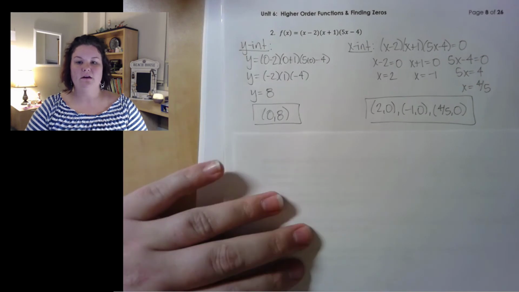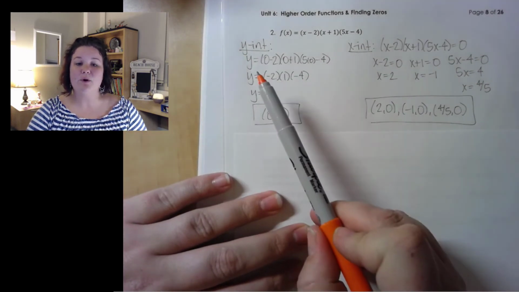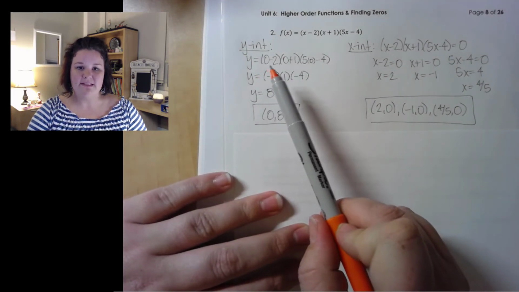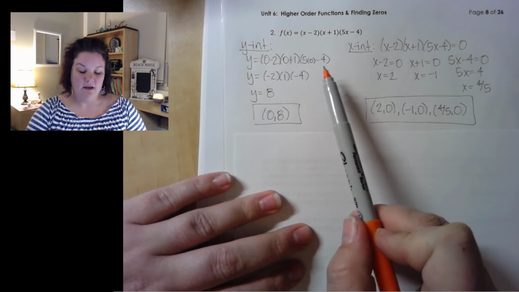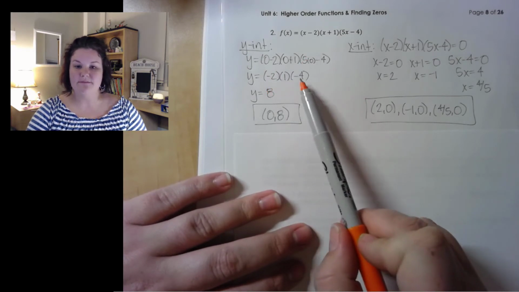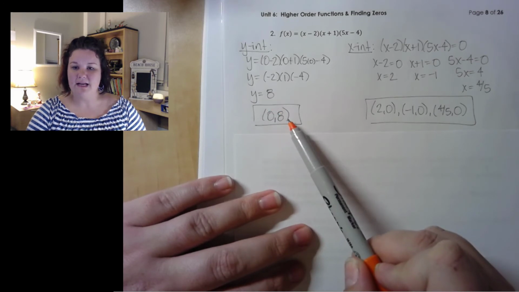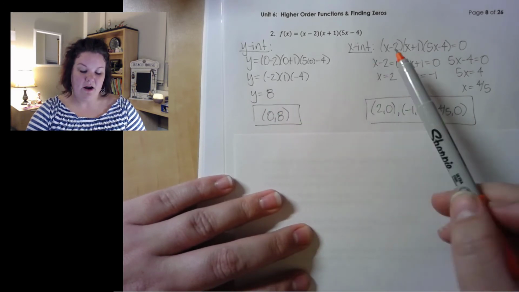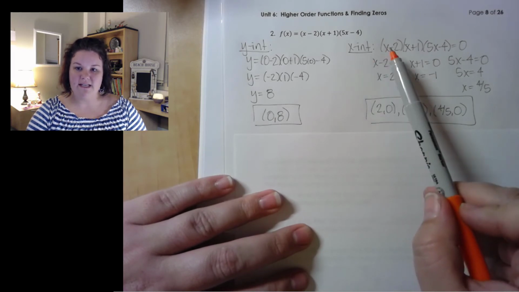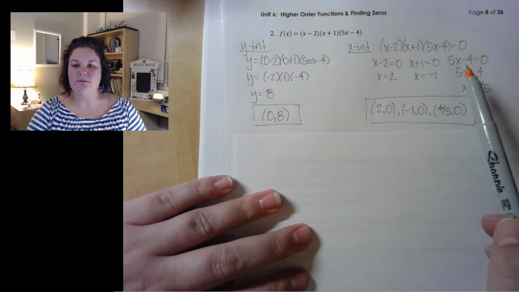The second one was when we plugged in 0 for our x, right, we still have numbers left in our quantities, which is -2 times 1 times -4, so we end up with a +8. Don't forget to write it as an x-intercept. And then for our x-intercept, we set our whole function equal to 0, and then we just solve each one.